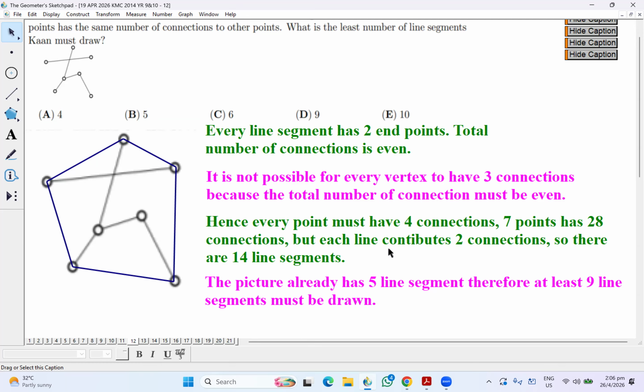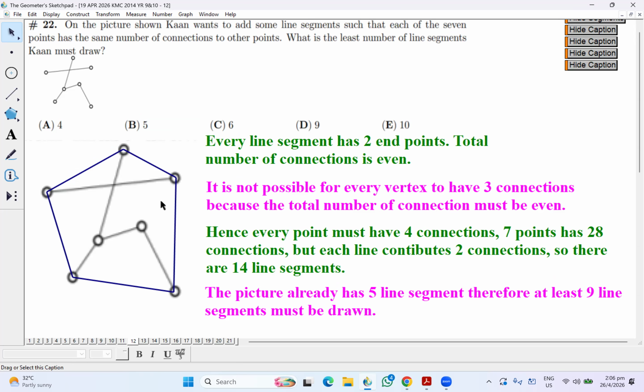So 28 connections divided by 2, 14 lines. So you add 9 lines. This is graph theory: the total degree of a graph is even, meaning the total number of connections must be even, because one edge always has 2 endpoints, 2 degrees.